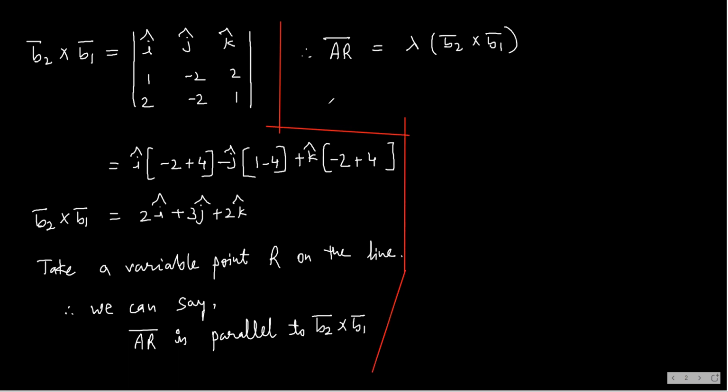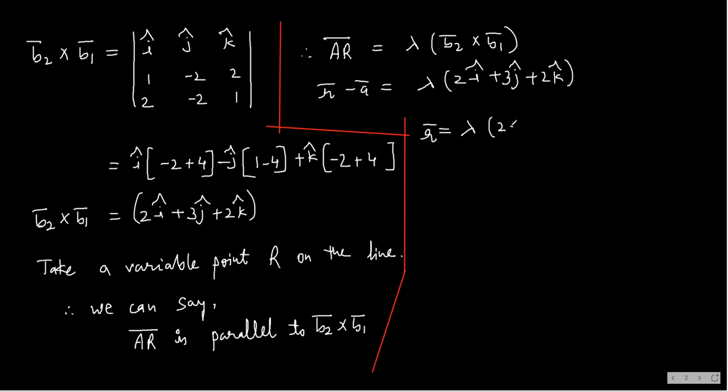You see this? Therefore, R bar minus A bar equals lambda B2 bar cross B1 bar, which you have already got. That is 2I cap plus 3J cap plus 2K cap. Therefore, R bar equals this vector plus A bar. So lambda times 2I cap plus 3J cap plus 2K cap plus A bar.